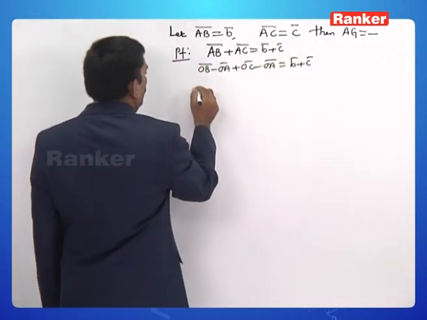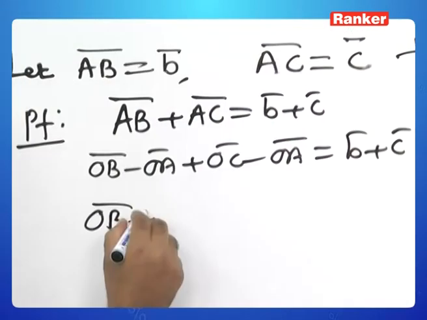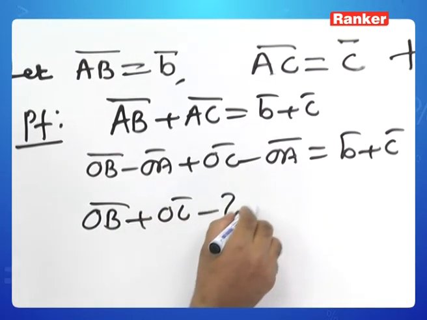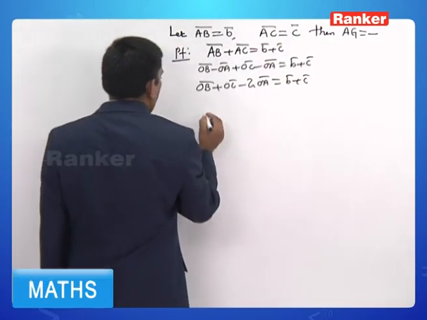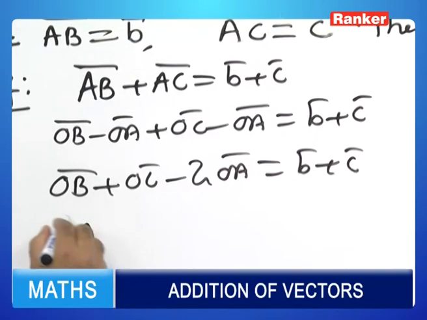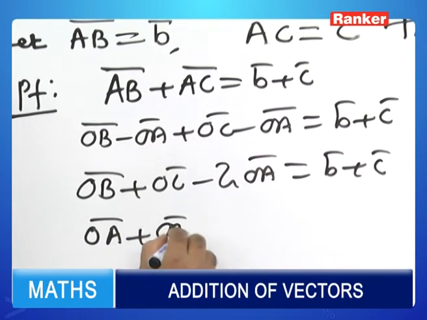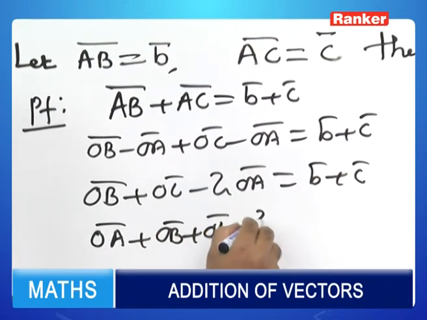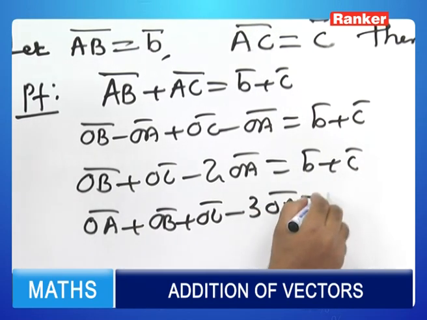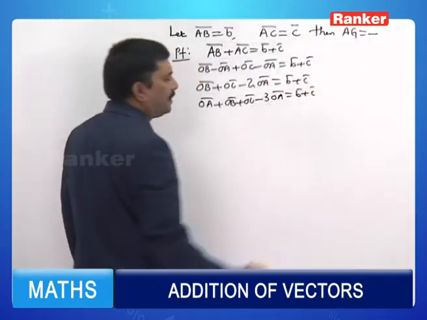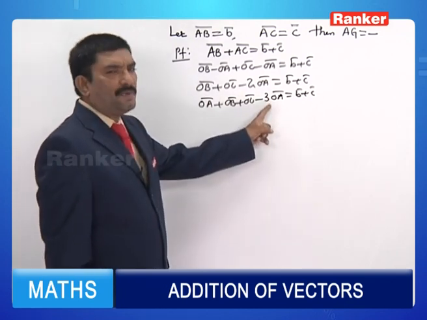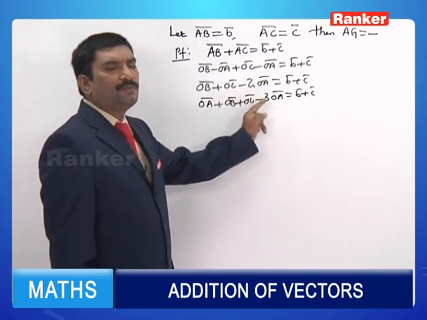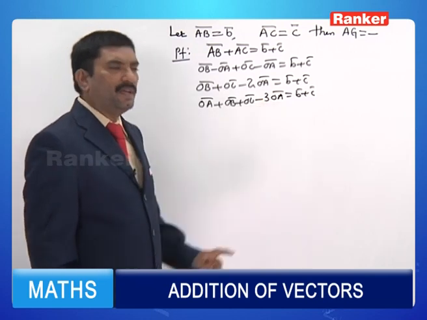So therefore, OB plus OC minus 2OA is equal to B bar plus C bar. Add and subtract OA bar: OA bar plus OB bar plus OC bar minus 3 OA bar. As we have added OA, subtracting OA with minus 2 OA gives 3 OA.